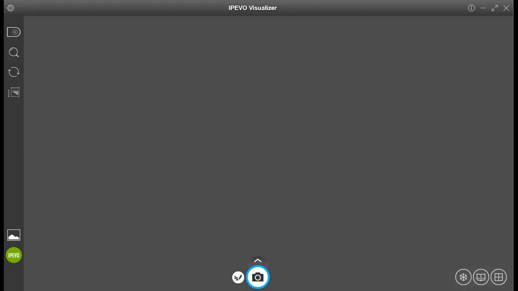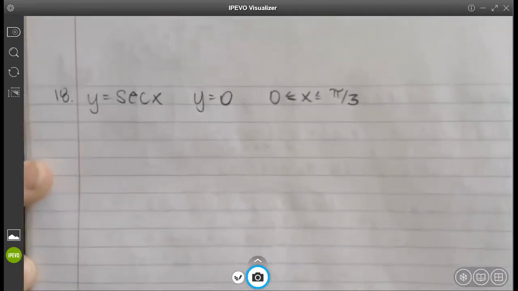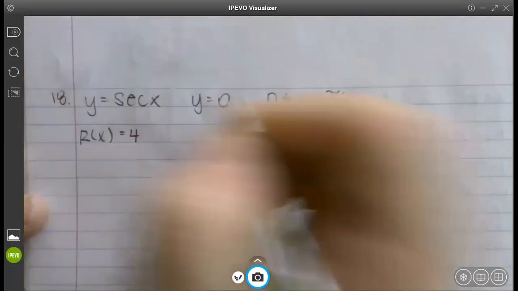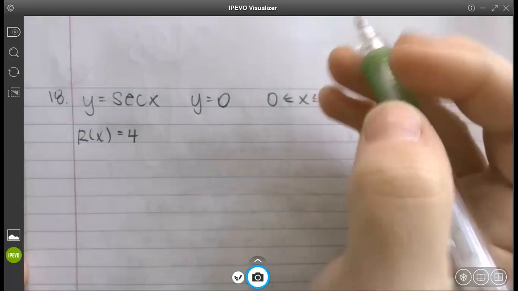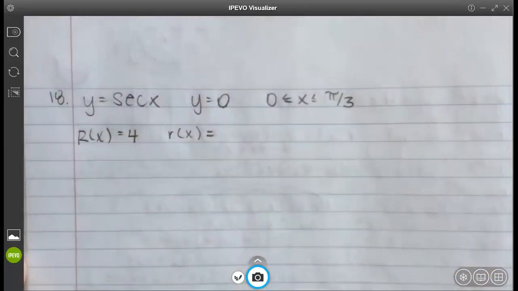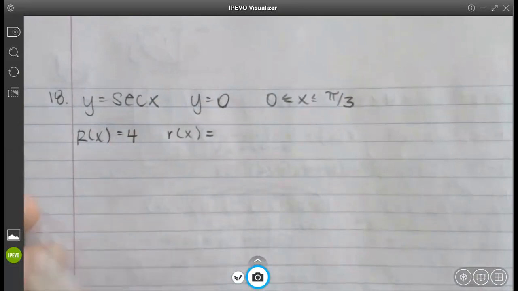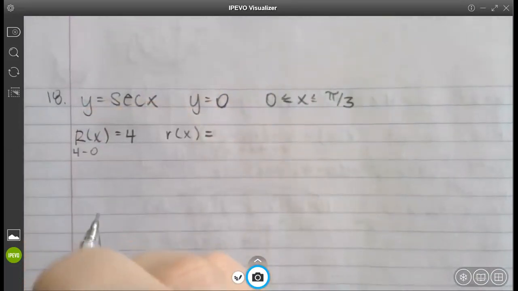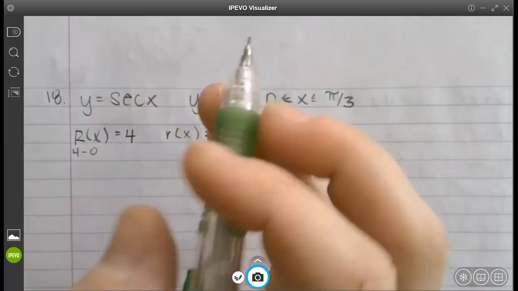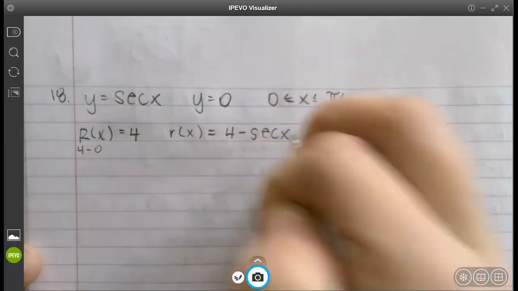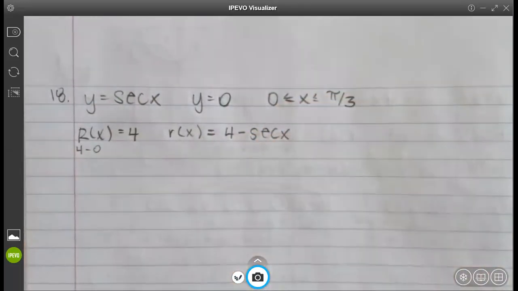Now we can go back to the other one. So your big R of x is gonna be 4. What about your little r of x? And remember, you got this by doing 4 minus the function. 0 was the lowest or the bottom function. So you would do 4 minus the top function, which is secant x, just like we've been doing.